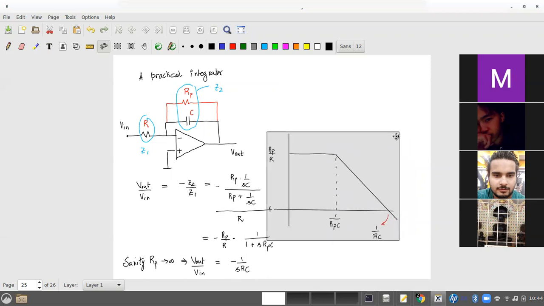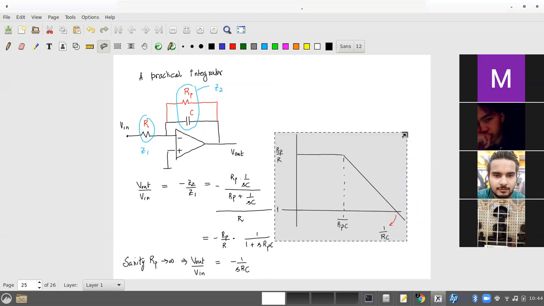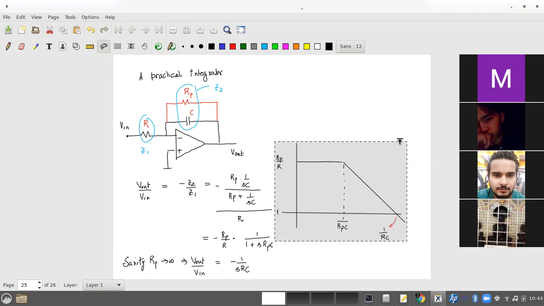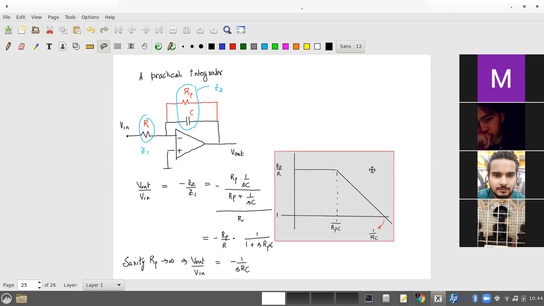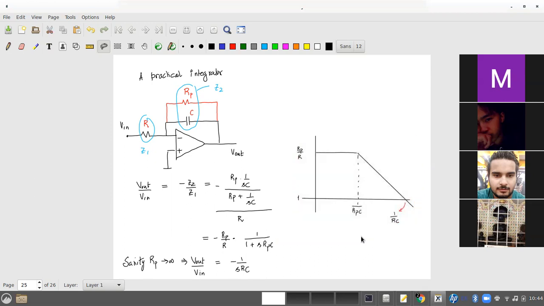We introduced the Rp so that we have feedback for DC. Otherwise, you would not have any feedback for DC. Okay. Now my question is, does this look like the transfer function of an integrator? What is the transfer function of an integrator? How should it look? Ideal integrator.